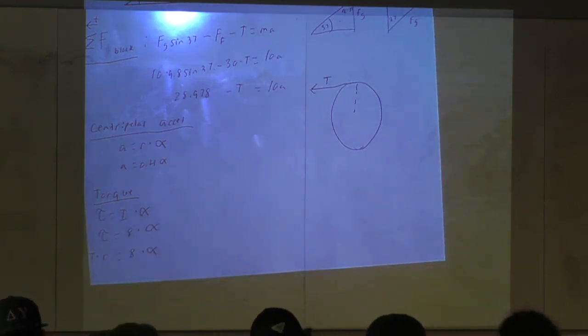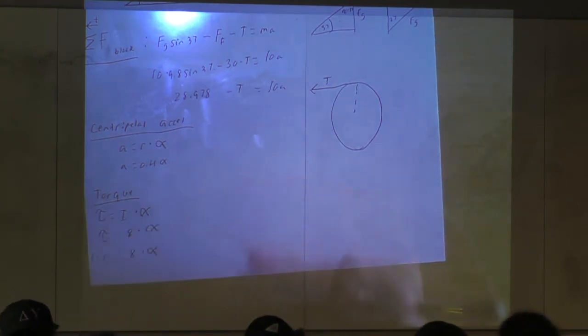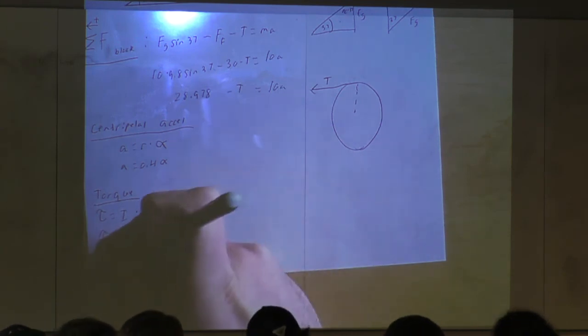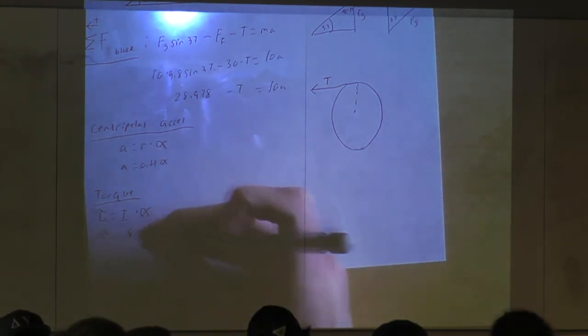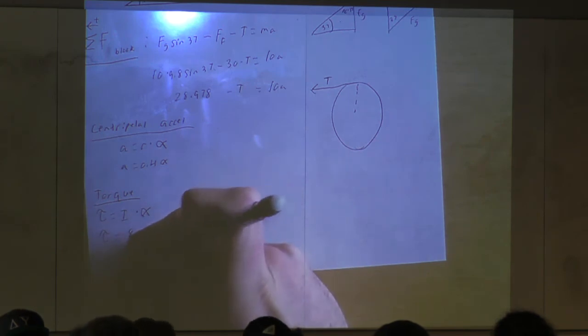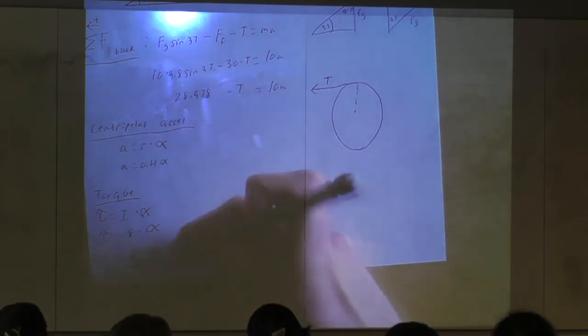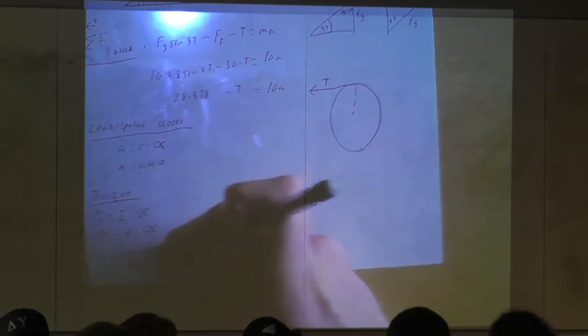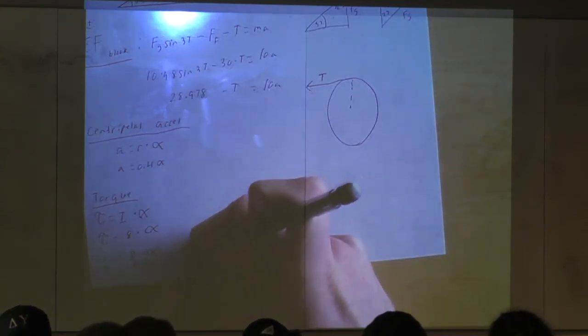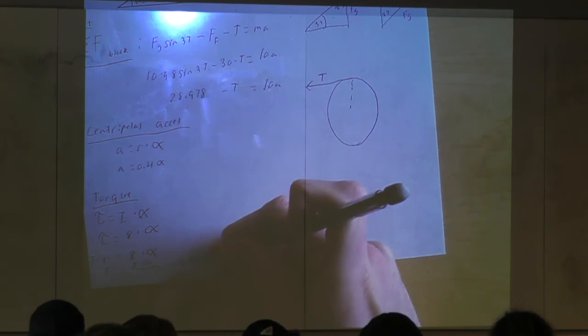and now we finally have enough stuff to solve. So we get tension in terms of alpha, so divide the radius out. And this comes over to T equals 20 alpha.